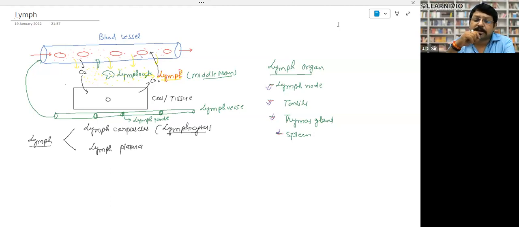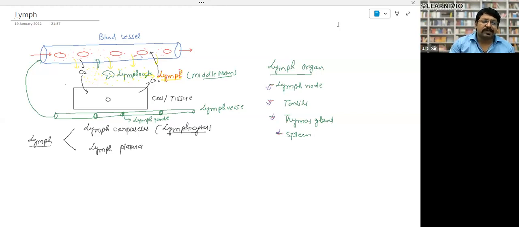To meet this, the extra lymph is collected by some vessels. There is another pipeline other than blood vessels, called lymphatic vessels. These lymphatic vessels collect the extra lymph and drop it again into the blood vessels. That's how the quantity of the blood remains constant.